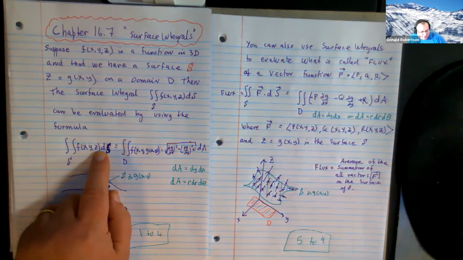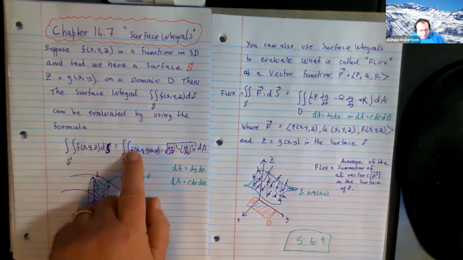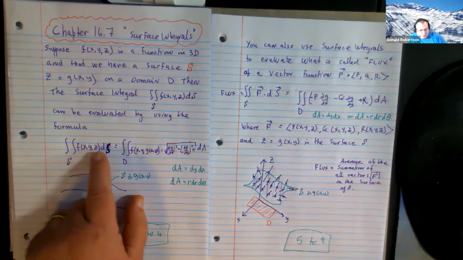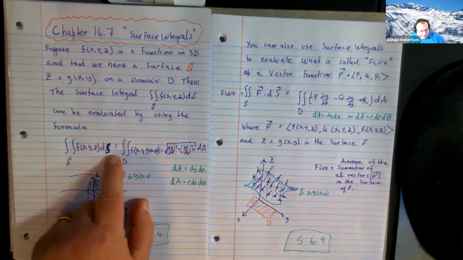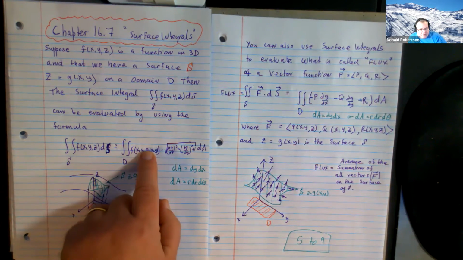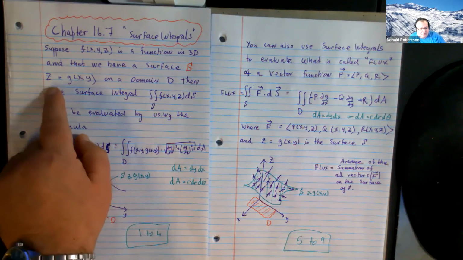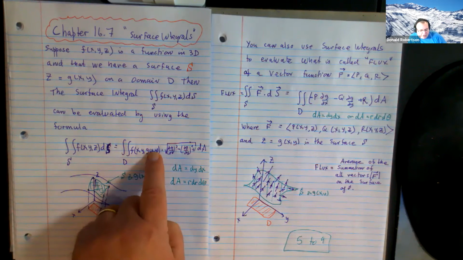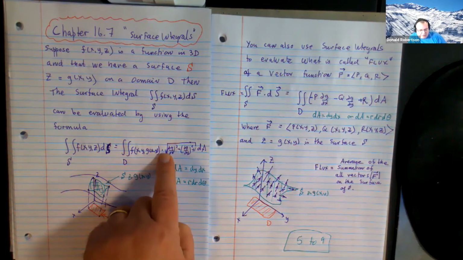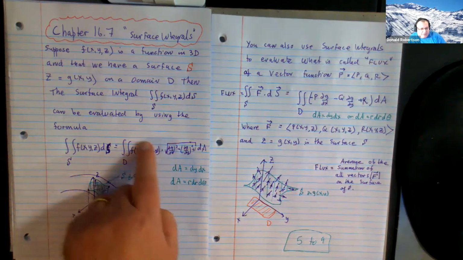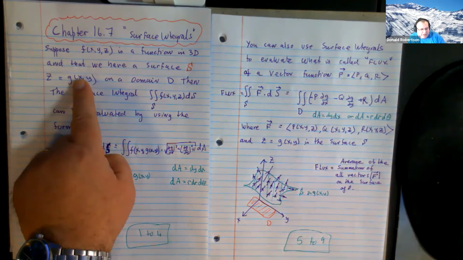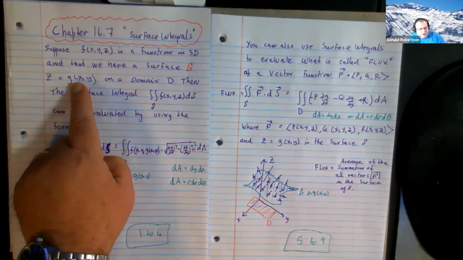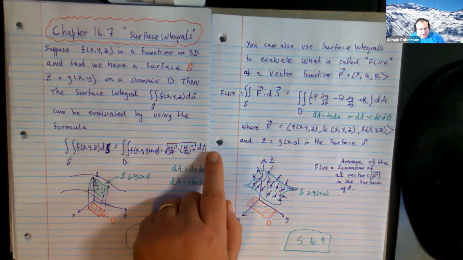That surface integral can be found by finding the double integral of this function, but you substitute the Z for g(X, Y). So if the surface is X squared plus Y squared or something, that's what goes instead of the Z's, followed by the square root of the derivative of this with respect to X squared, plus the derivative of this with respect to Y squared, plus 1 dA.